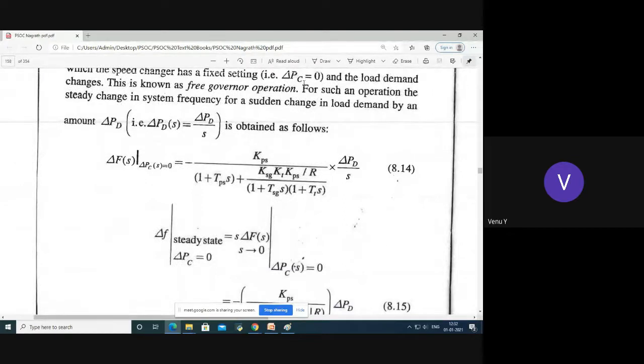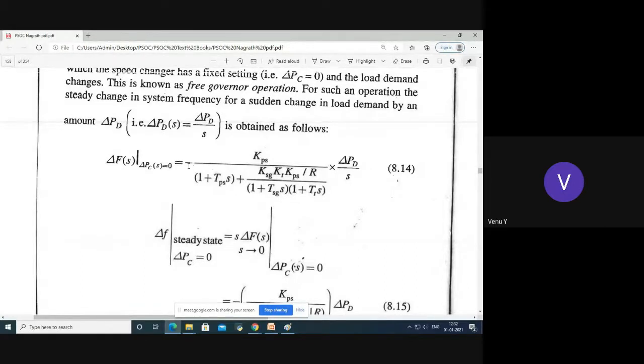Speed changer setting, let delta PC equal to 0 or delta P reference equal to 0. The only input is delta PD. Delta PD of S equals delta PD by S for step input. Everybody is familiar with this, isn't it? Now delta F is the simplified transfer function, forward transfer function divided by 1 plus G into H, G by 1 plus GH for a negative feedback system.